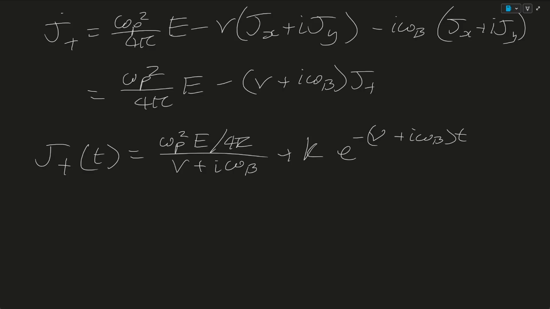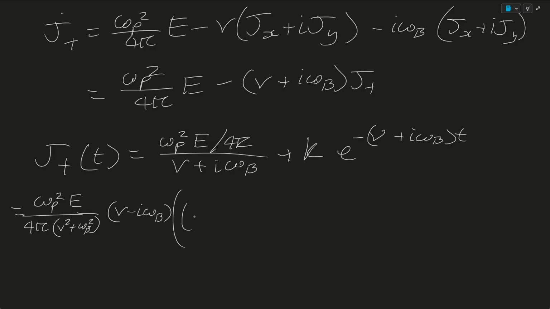Now we can split it up into real and imaginary parts. This is going to be quite big. Omega p squared e per 4 pi, nu squared plus omega b squared, times nu minus i omega b.